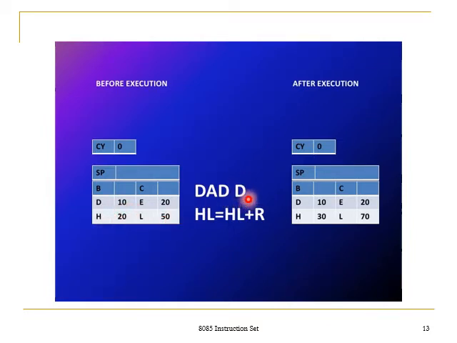If we specify D, it takes the DE register pair for this DAD instruction. If we specify B, it takes the BC register pair, and the BC register pair content is added with the HL register pair content. Since our example is DAD D, it chooses the DE register pair content, and this content is added with the HL register pair.